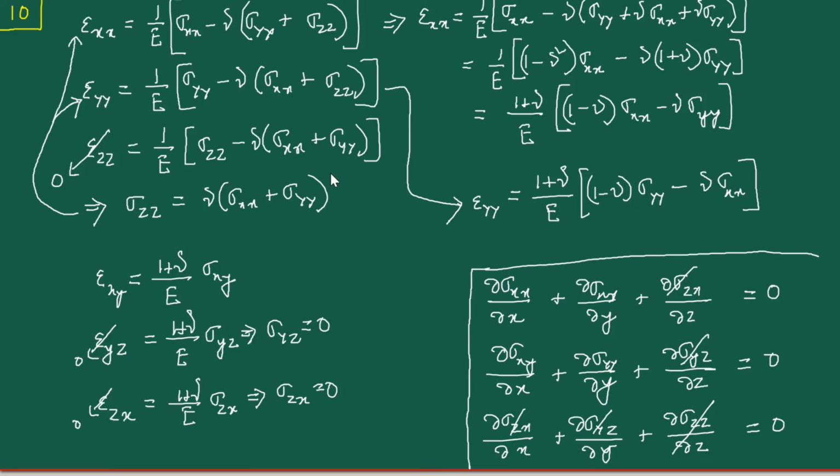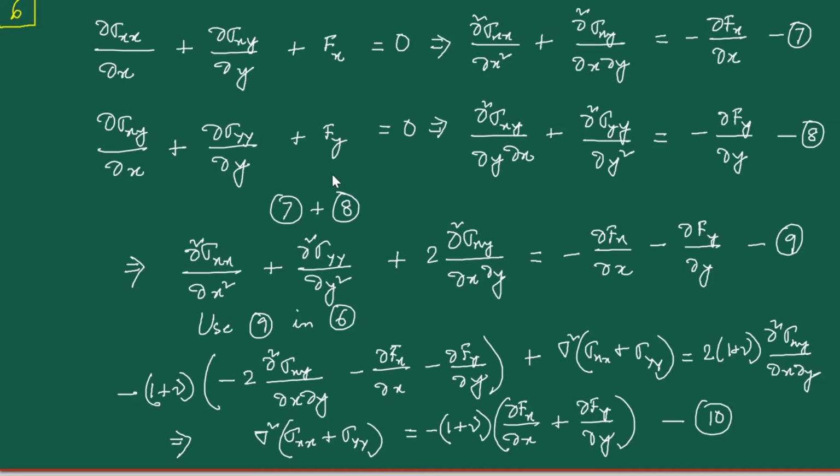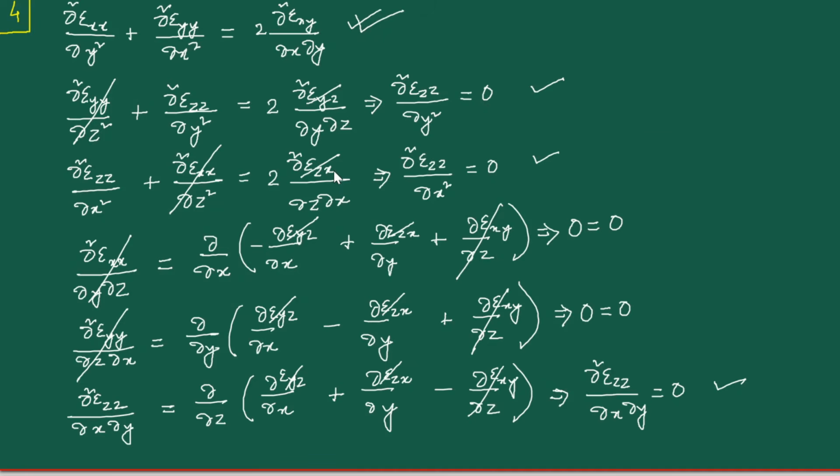If we just quickly look back at the previous page where we considered the compatibility equations, let us consider the other equations very quickly. All the terms which we deleted based on the derivatives with respect to z, that is still very much true, because in the plane strain case also we have epsilon xx and epsilon yy to be pure functions of x and y.